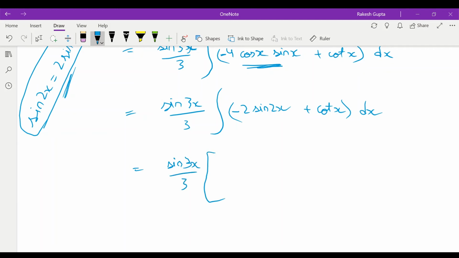Now I just integrate. So the integral of minus 2 sine 2x is going to be 2 cos 2x by 2. And we know that the integral of cot x is nothing but ln of sin x. Sorry, the constant of integration should be there.